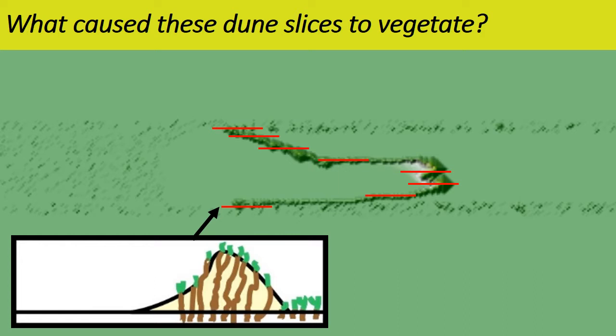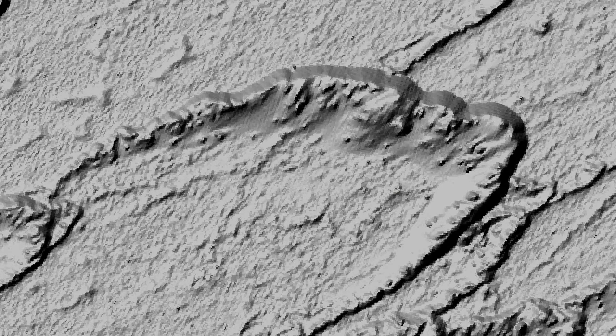So our key question here is what caused these dune slices to vegetate? And so the way we answered this question is we went out into real dune fields. Here, this is a LiDAR hillshade from White Sands, New Mexico. This is a parabolic dune that is hosting vegetation. And we said that, well, if a dune is hosting vegetation, it must have passed this condition.